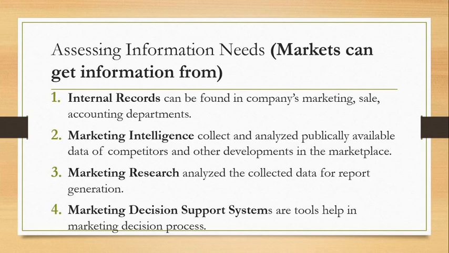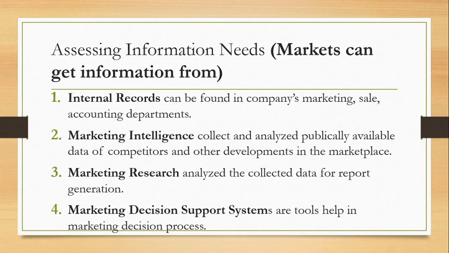The fourth one is related to the marketing decision support system, and these are the tools that help the marketing decision process. And we have to see that the marketing decision support system, the research, marketing intelligence and internal records don't operate in isolation.